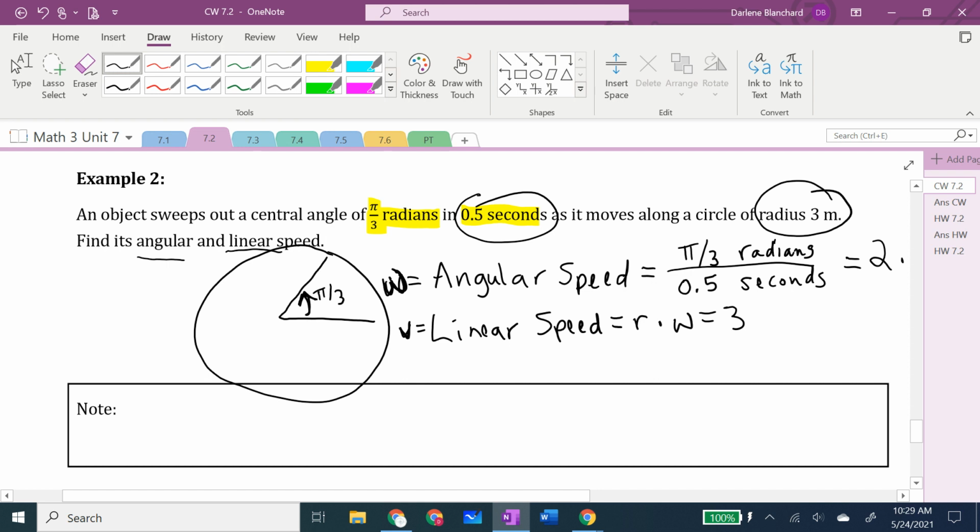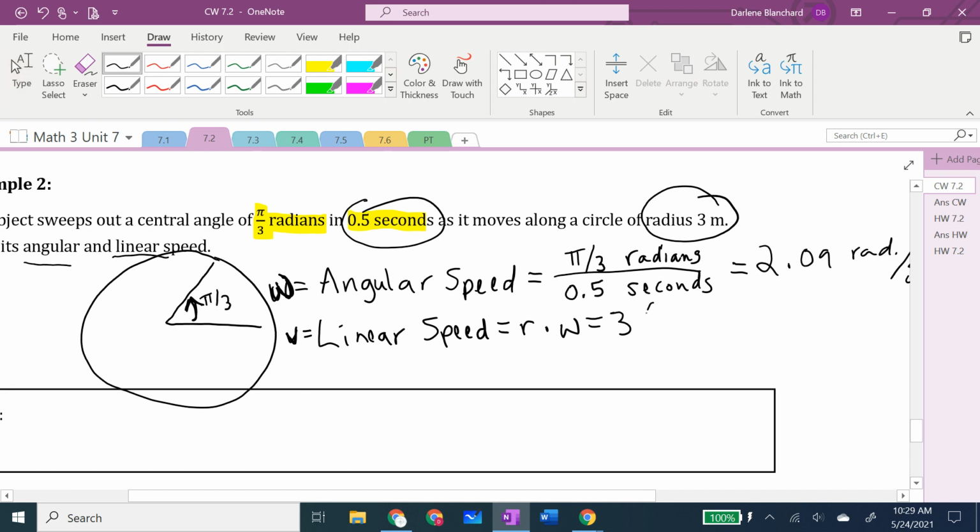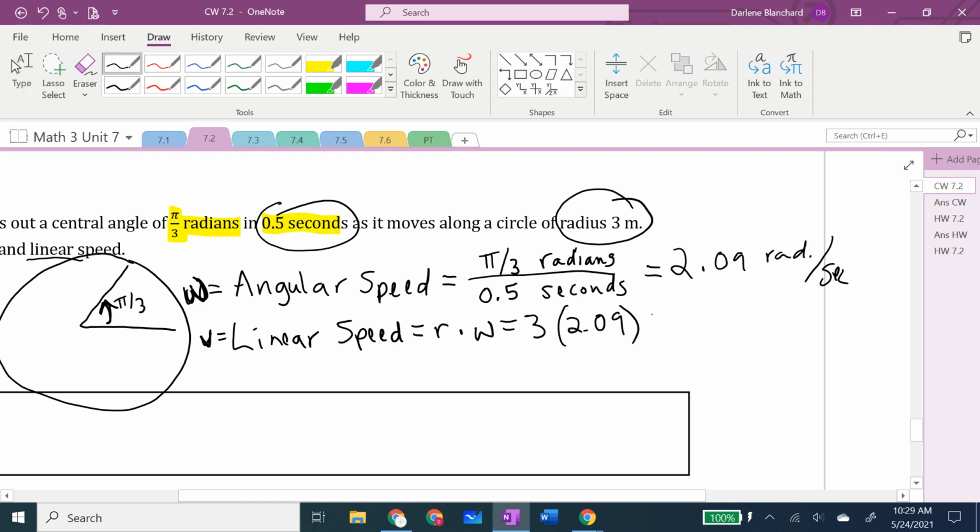So 3 meters multiplied by 2.09 radians per second, and that is going to equal 6.27. And what are the units on this?